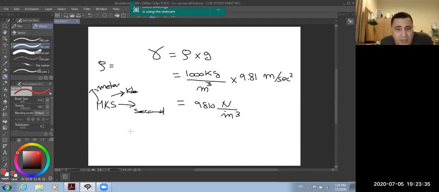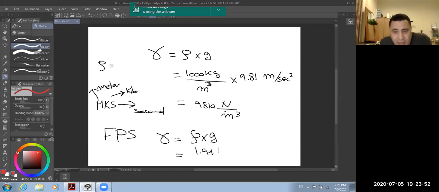In the FPS, gamma is equal to rho multiplied by g, with rho equal to 1.94, to memorize, the density of water, in slugs over cubic feet, multiplied by 32.2 feet over second square.